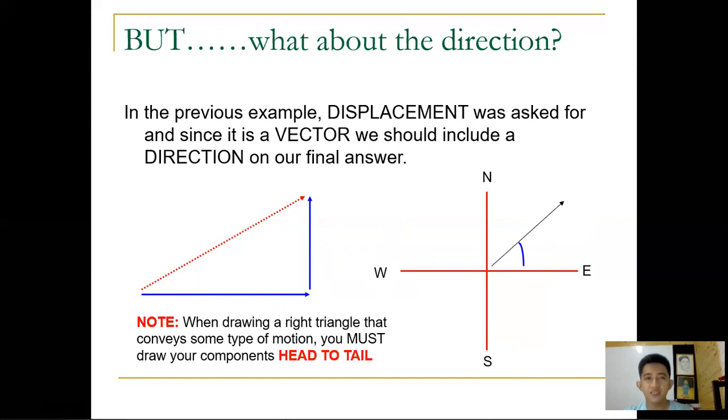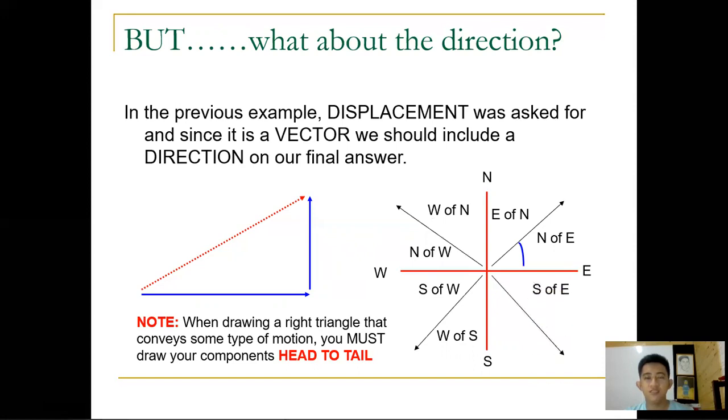But if the angle is smaller, depending on the relative angle, then we may call this, in this example, north of east or east of north. We may also call it west of south, north of west, west of north, south of east, and east of south.